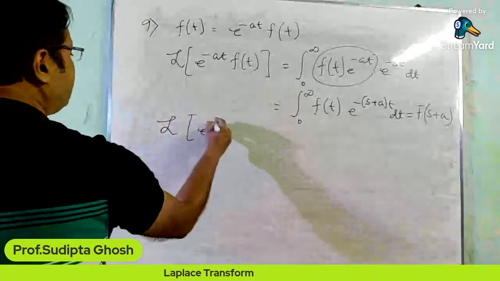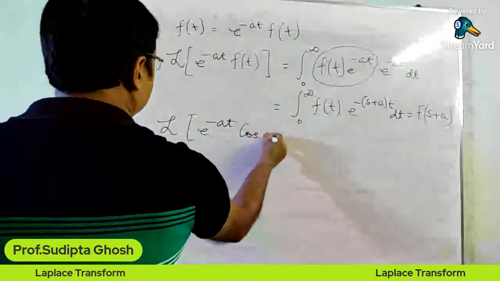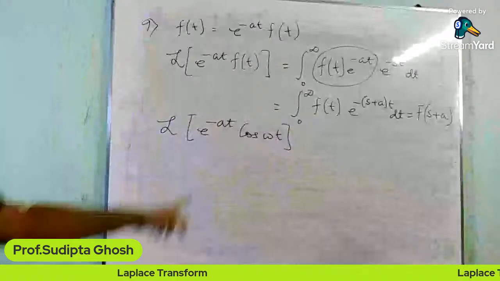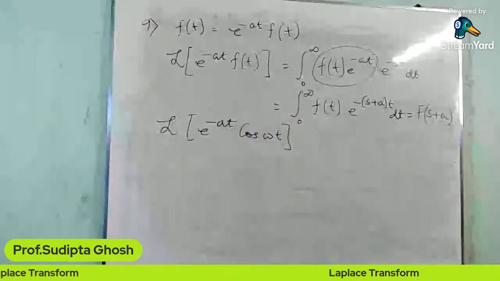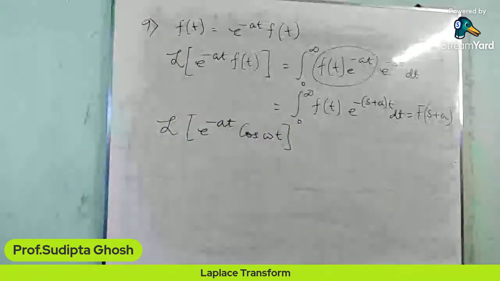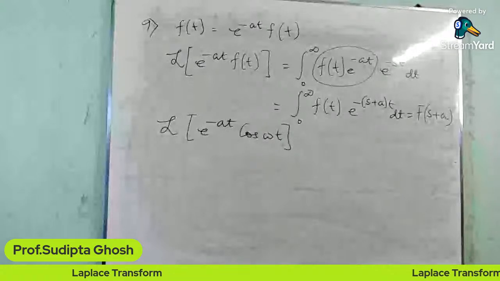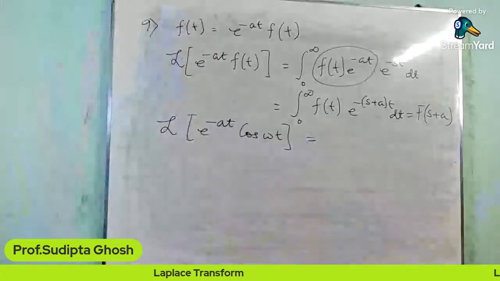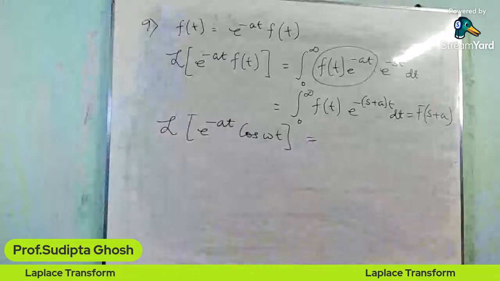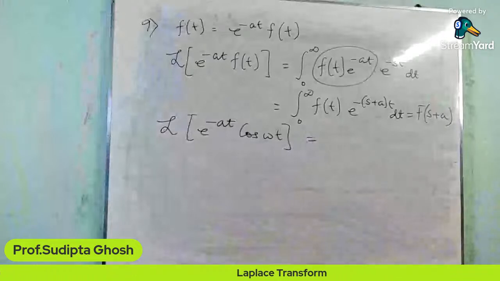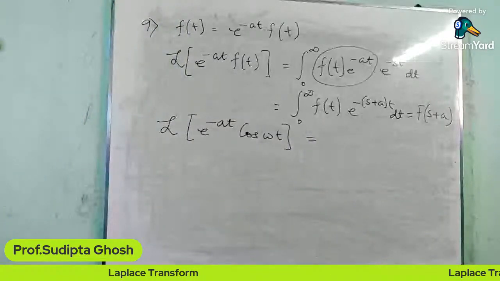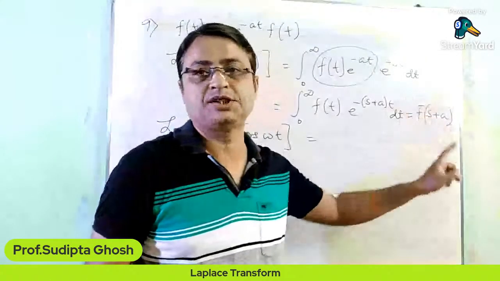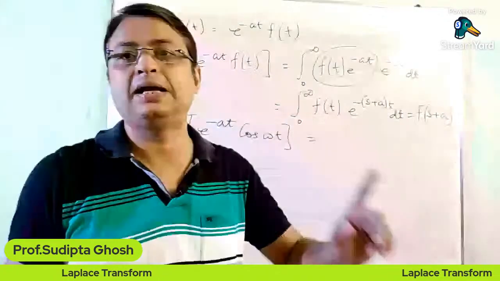If the time domain function is e to the power minus at cos omega t, we have to find the value of the frequency domain function, that is capital F of s.